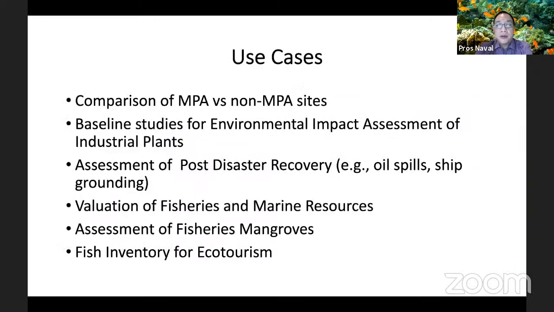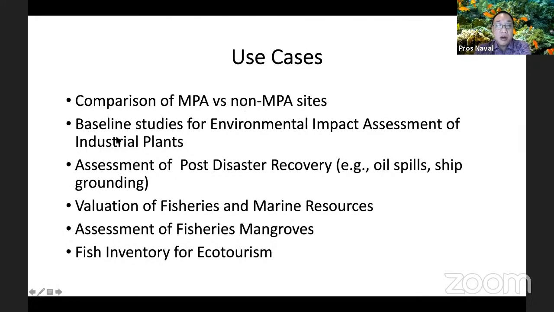So when can we use a Fish Eye? These are the use cases: comparison of marine protected areas versus non-marine protected areas, inside versus outside MPAs.